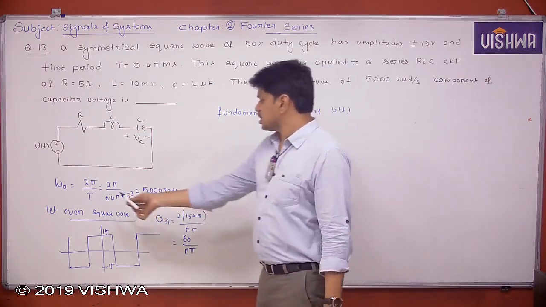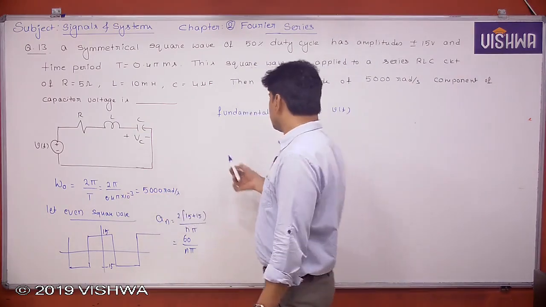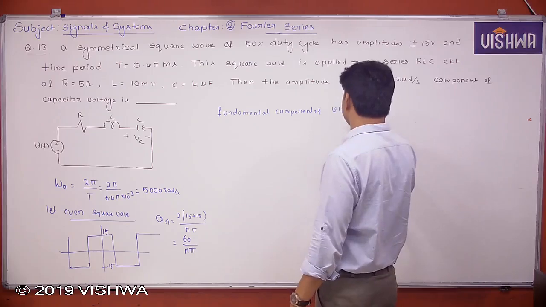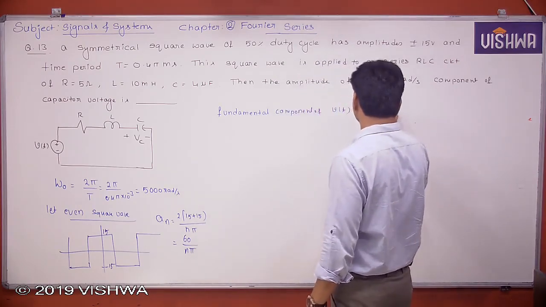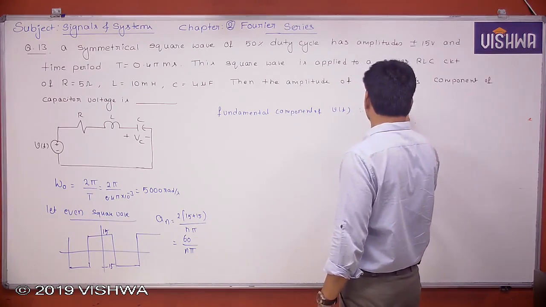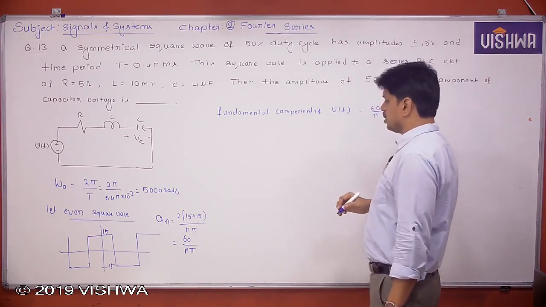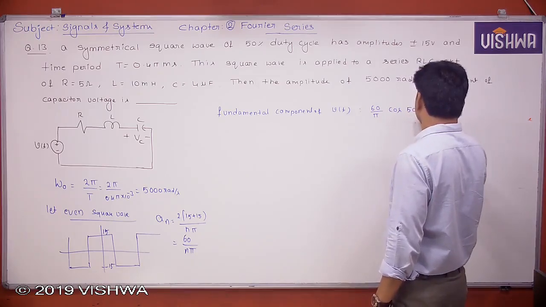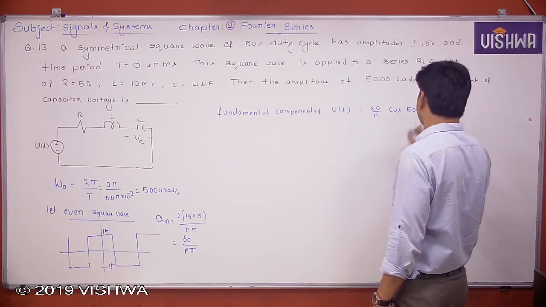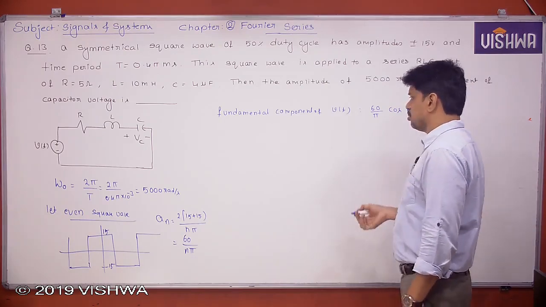That itself is nothing but the fundamental harmonic component. So the fundamental component of V of t is 60 by pi cos 5000 t.